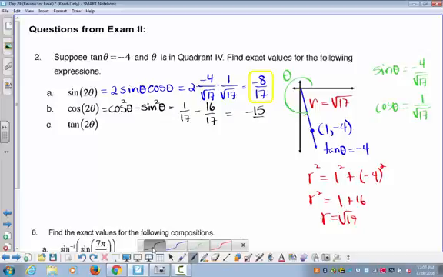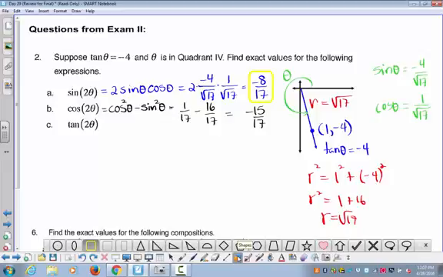And our conclusion is that would be our cosine value.